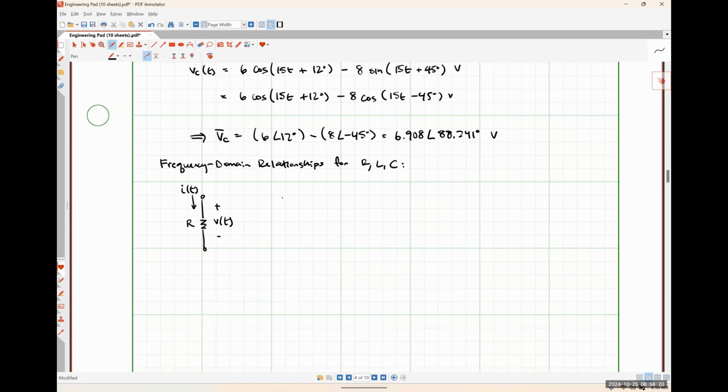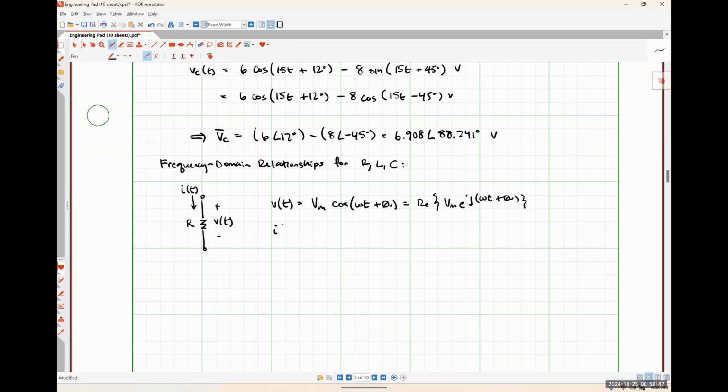And we are going to say that V of t is Vm cosine omega t plus theta v, which, as a reminder, is just the real part of Vm e to the j omega t plus theta v.